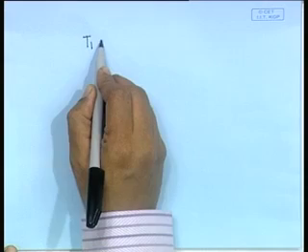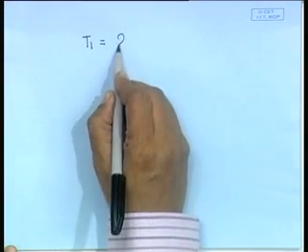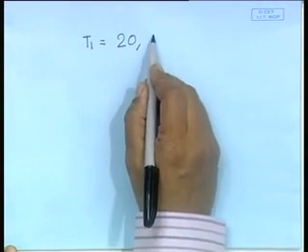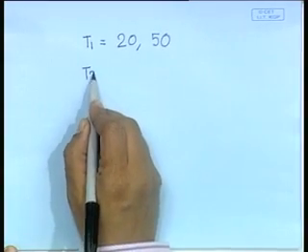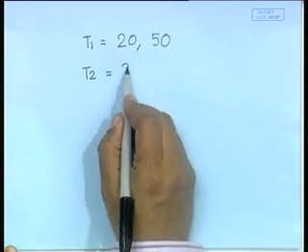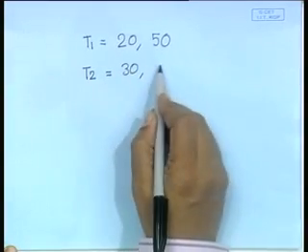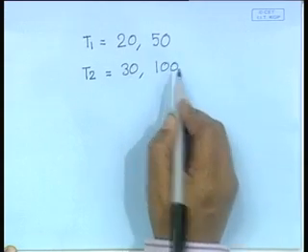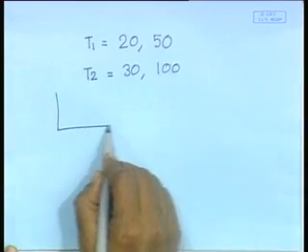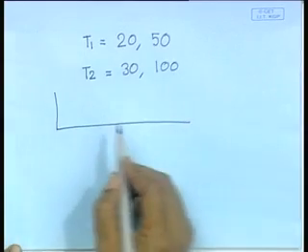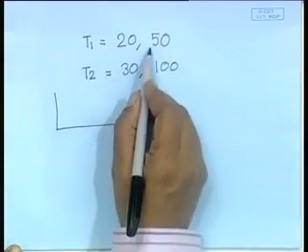So, let me just write here. T1 execution time is 20 and the period and deadline are 50, and T2 execution time is 30 and period and deadline are 100. So, the schedule according to EDF: it will start with T1 that has the earliest deadline.